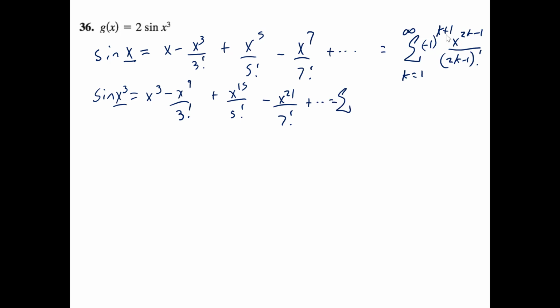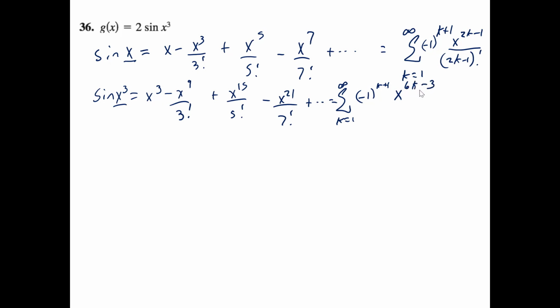In summation notation, you could have just plugged it into here. Substituting in the x cubed for x is not going to change that negative 1 to the k plus 1. It's still summation from k equals 1 to infinity. And then all you're doing is replacing the x with x cubed. So this becomes x cubed to the 2k minus 1, so this becomes 6k minus 3.